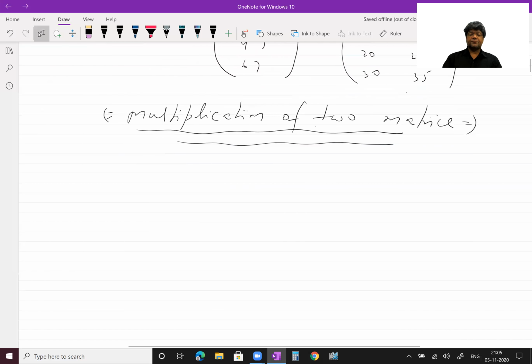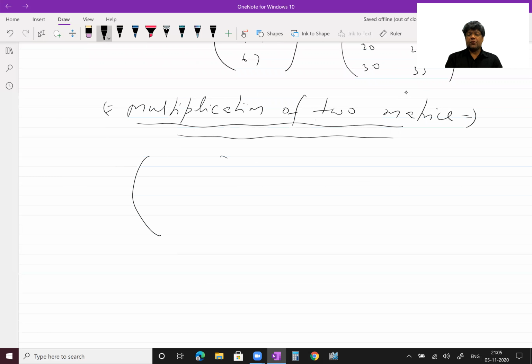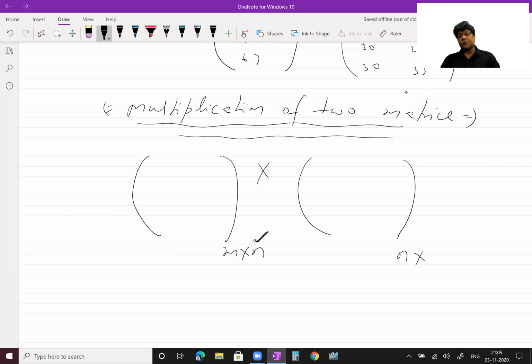For example, if the order of the first matrix is m by n, then the second matrix with which you are multiplying will have to be n by anything. Why? Because the number of columns in the first matrix is n, and that should be equal to the number of rows in the second matrix.